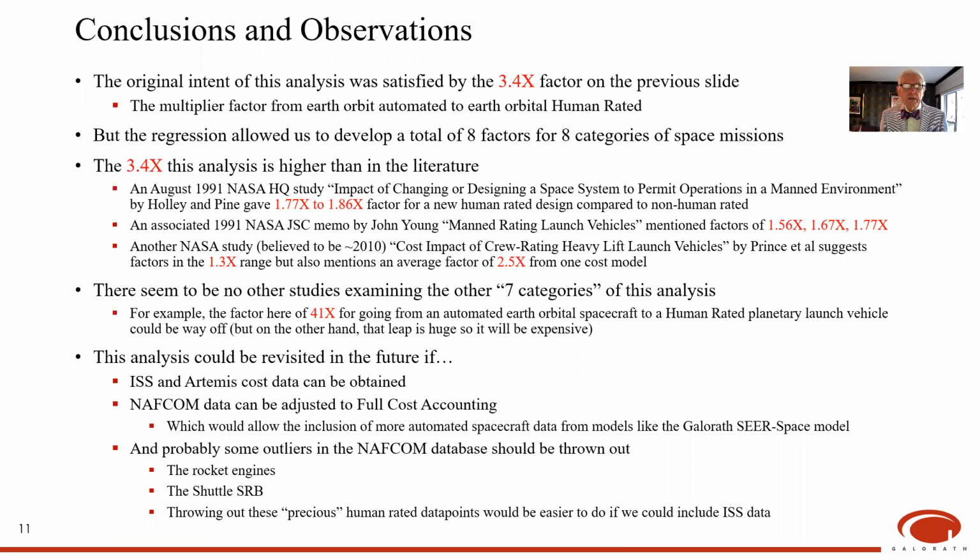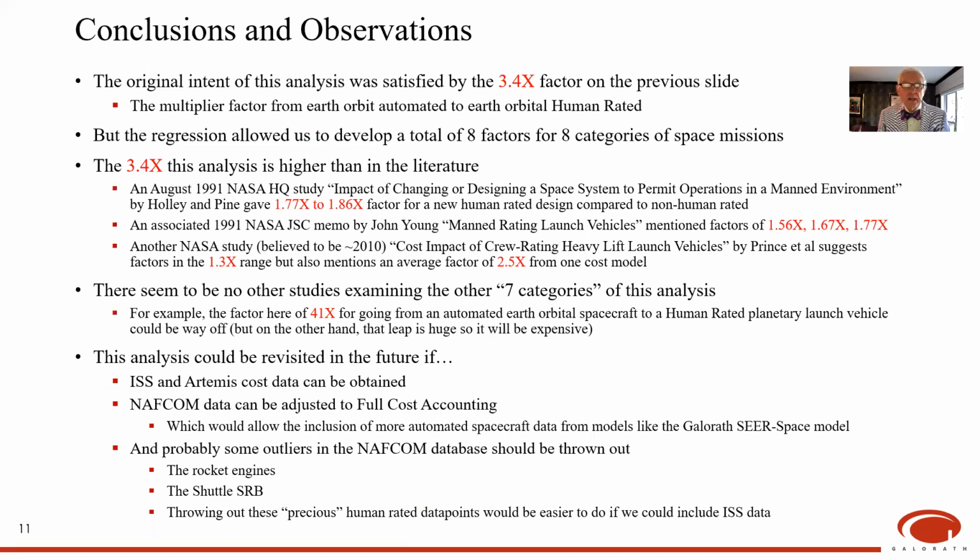There's an associated 1991 NASA Johnson Space Center memorandum by John Young, and yes, that's the famous NASA astronaut John Young. In his memo, he mentions a range of factors, 1.56, 1.67, and 1.77. I think the root data there may be the same as the Holly Pine study.